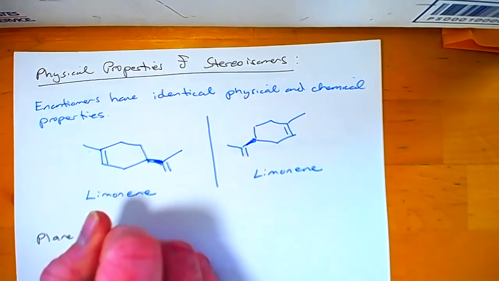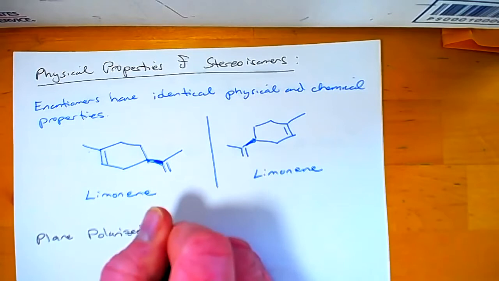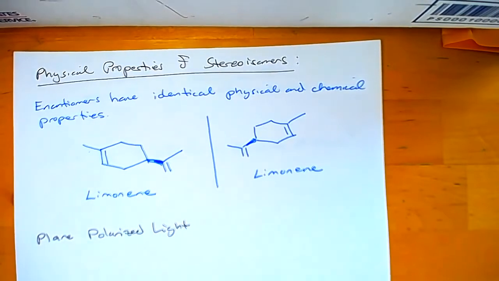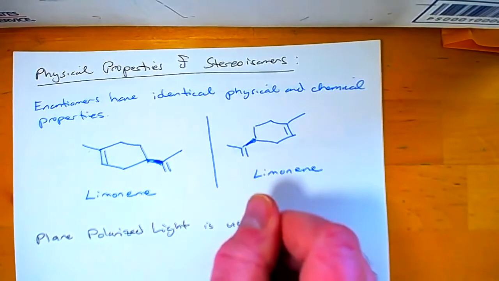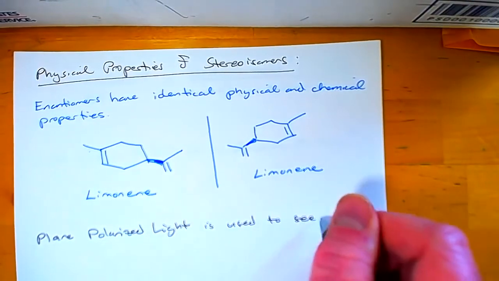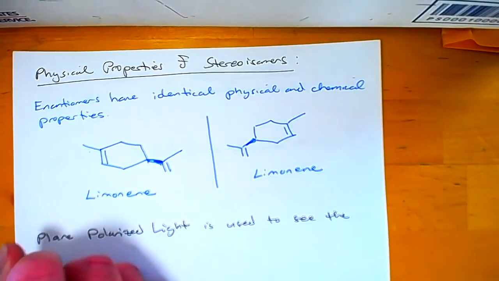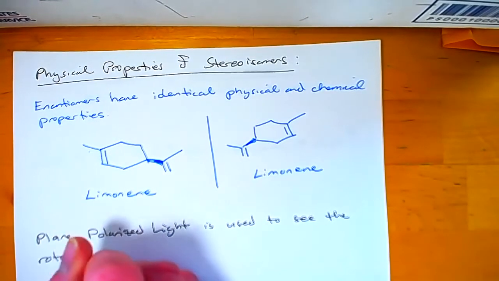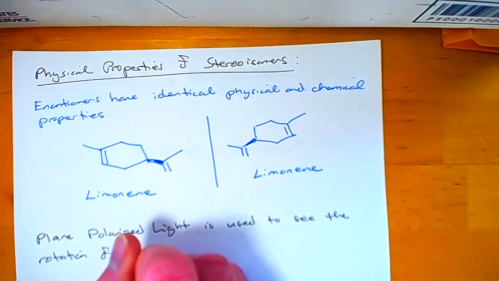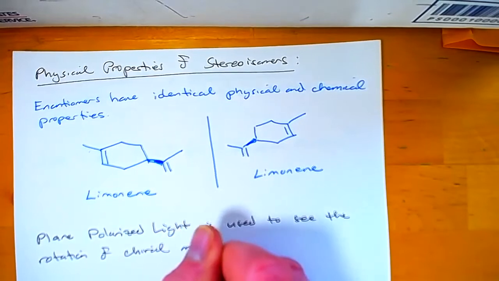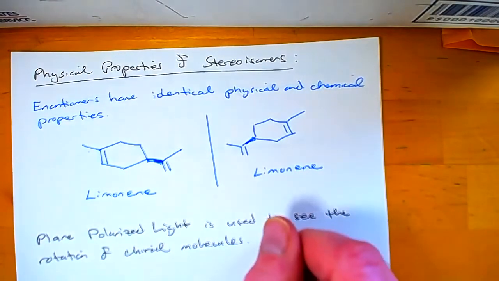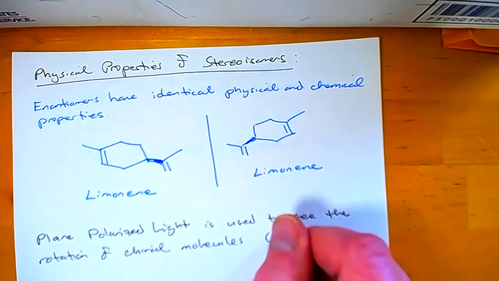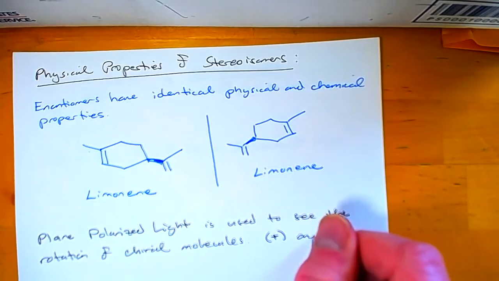Plane polarized light is used to see the rotation of chiral molecules. Positive rotation and negative rotation.